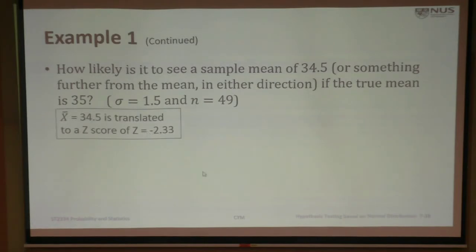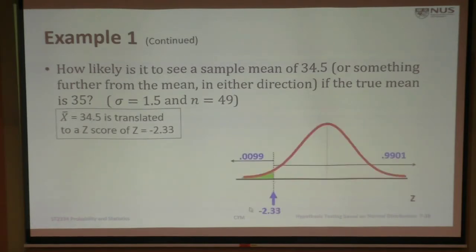Let's look at this example again. In this example, we have testing mu equal to 35 against mu not equal to 35. We observe the test statistic, which is minus 2.33.